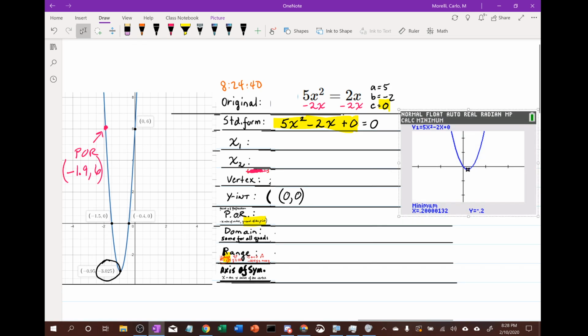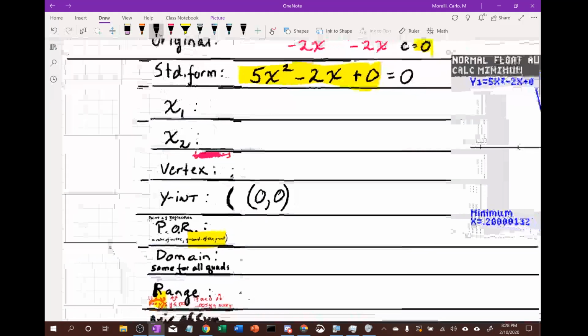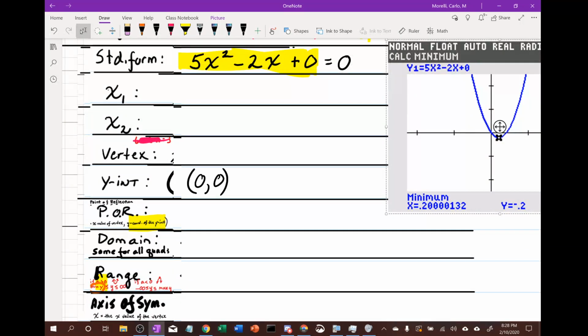So what do I write for the vertex? I guess we're doing the vertex first. What's the vertex? You'll see it pop up in a second. Just read the X and Y values on the calculator readout.